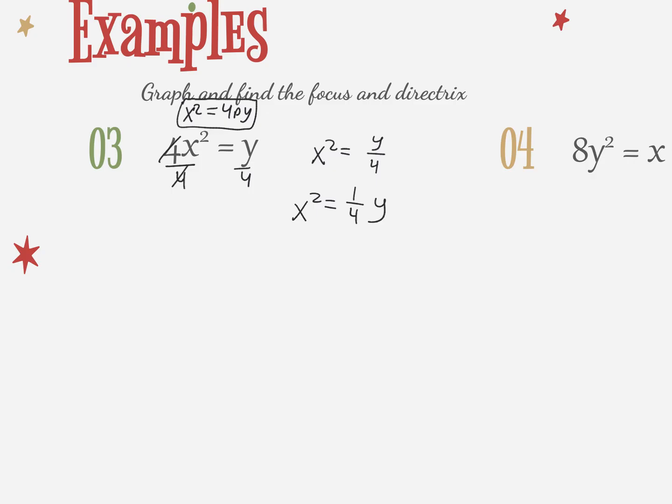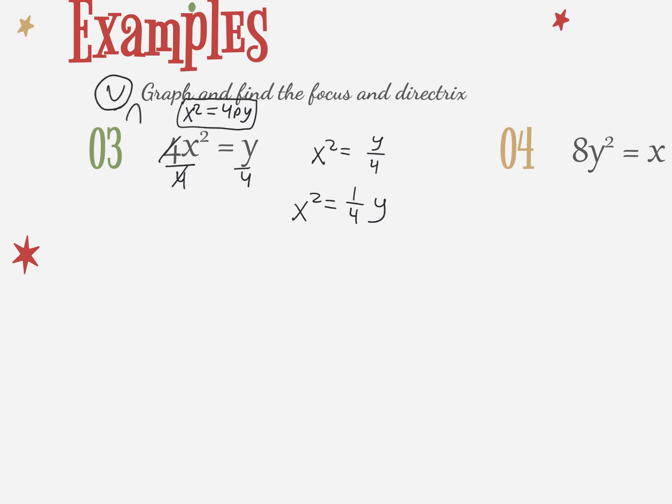And then that is a better way to write this equation. From here, you should be able to tell me what direction it's opening. Because it's an x squared parabola, it's either going to go up or down. And because everything here is positive, the p-value, once we find it, we know that it's going to be positive. It's going to open upwards.